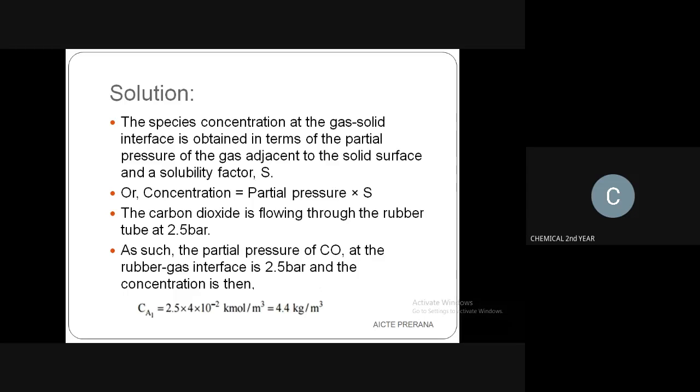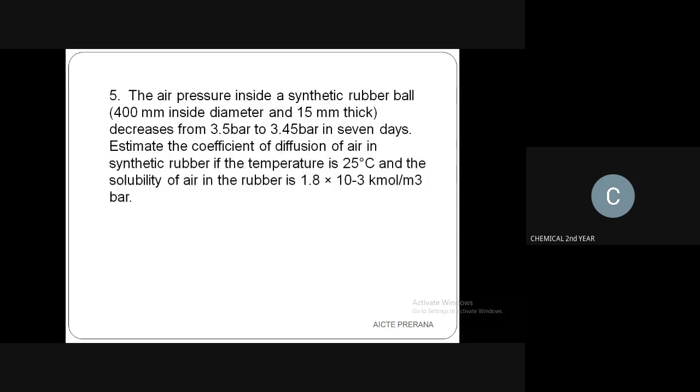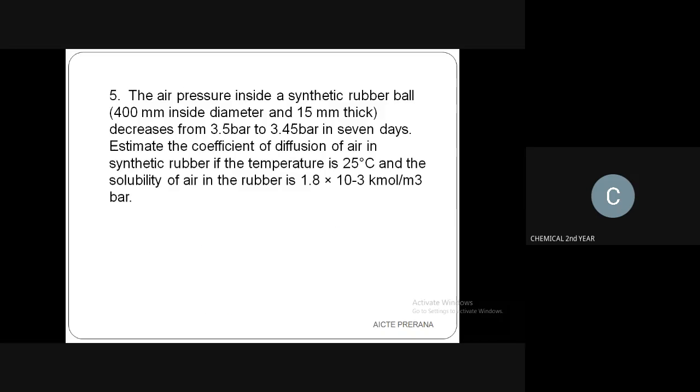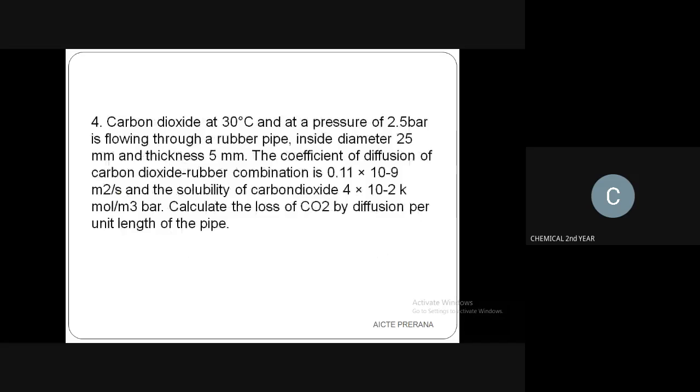Okay, you can go for the next problem. Air pressure inside the synthetic... Sorry, for example, you just consider this problem.